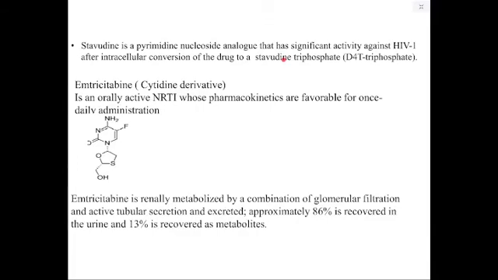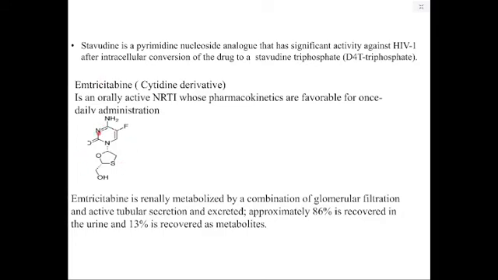First of all, they must be activated within the virally infected cells to give you the triphosphates that indeed will be taken up and will be the ones that bring about the inhibition. Another drug, emtricitabine, is important for us to mention, because when I was looking at the current formulations, you do find quite a number of them do have emtricitabine. And as you can see again, this is a pyrimidine derivative.